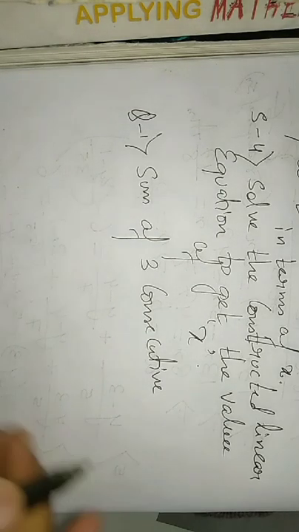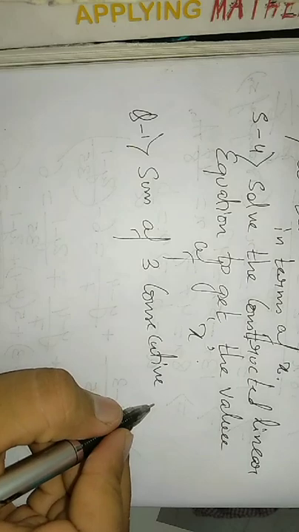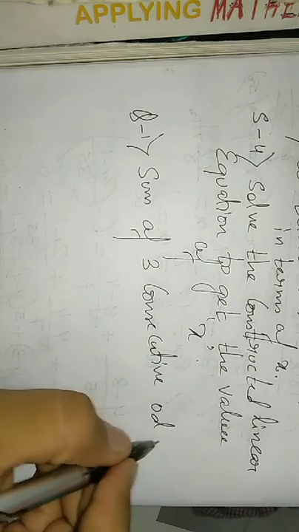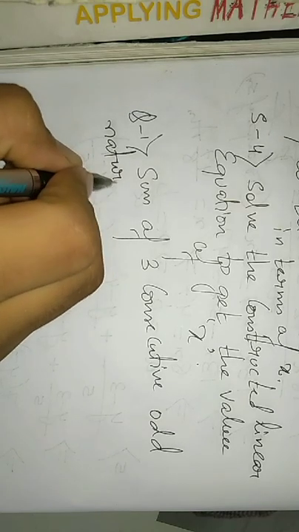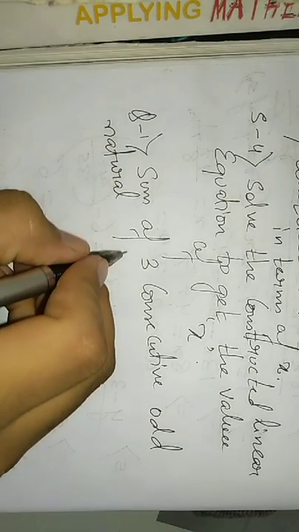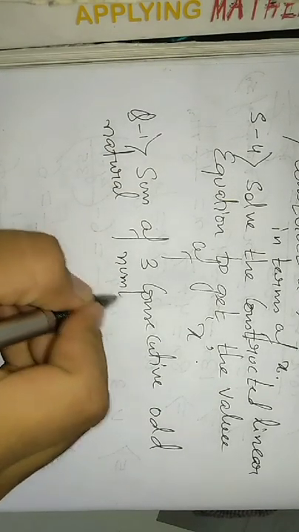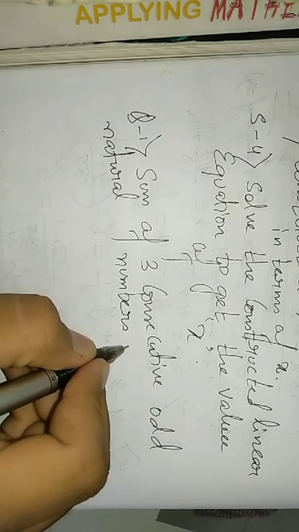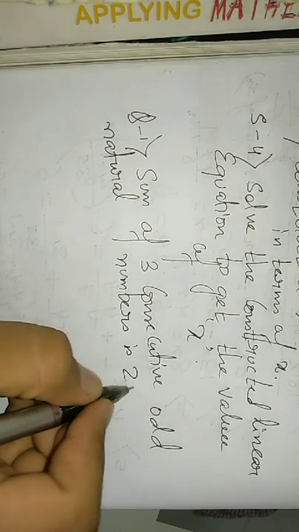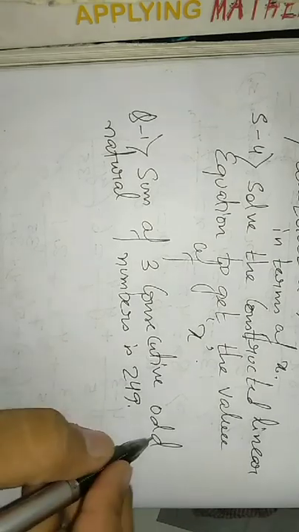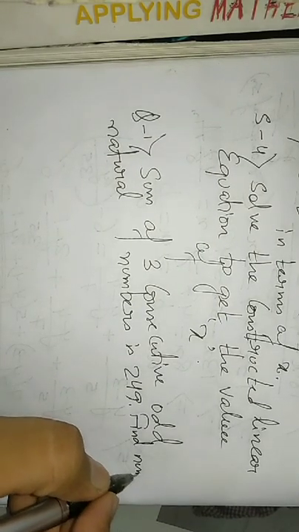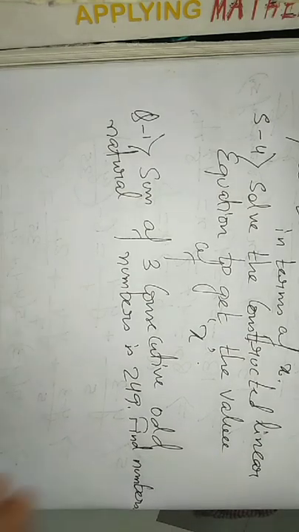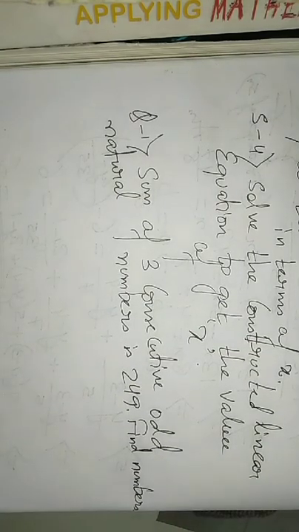So the question is: the sum of three consecutive odd natural numbers is 249. You need to find the numbers.